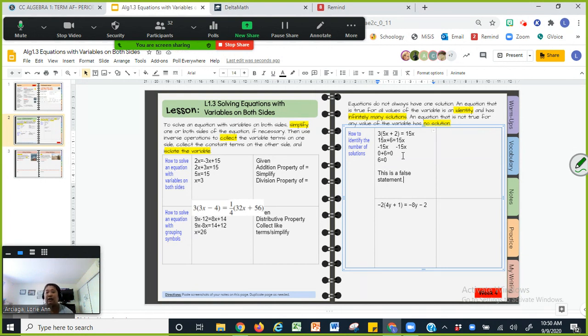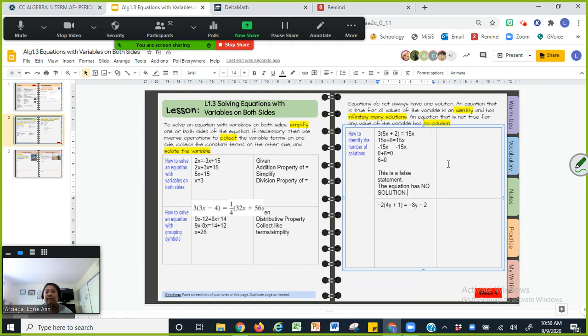In equations, that could happen. So what does that mean if this is a false statement? This means that the equation has no solution. In other words, even if you use so many numbers and plug them in for x, it's not going to work. It's not going to work.